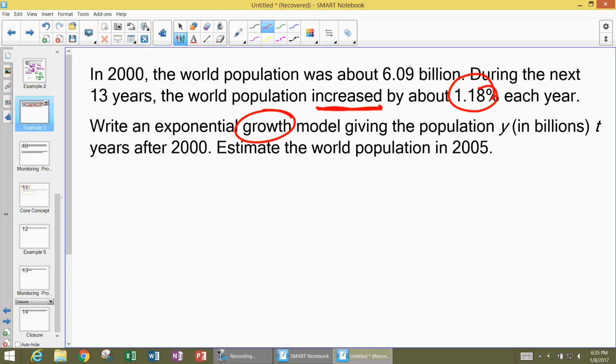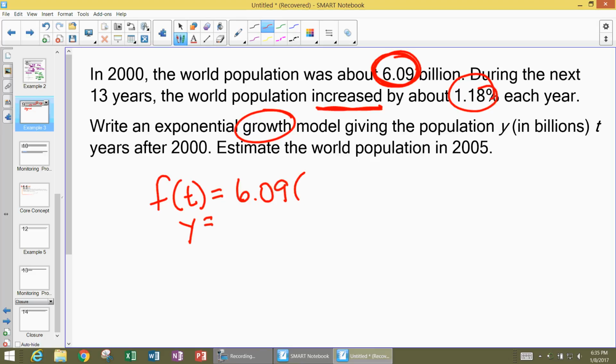So in the year 2000, the 6.09 will be our initial amount. So f of t, because we're talking about a function in terms of time, or if you don't want to use f of t, you could say y equals. But our initial amount is 6.09. That's what we're starting with in 2000.